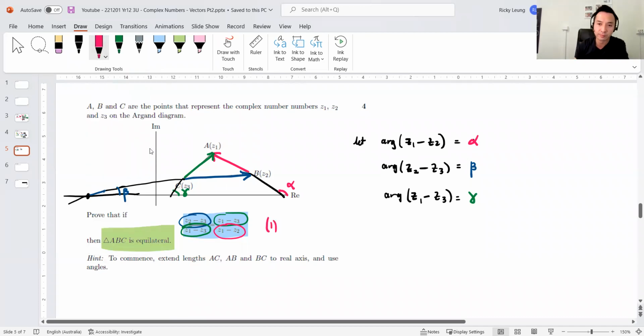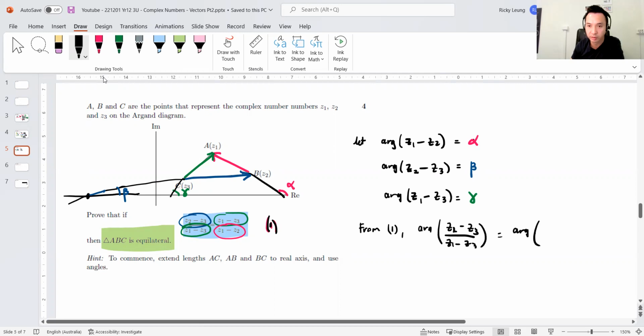From equation number 1, if I take arguments of both sides: argument of Z2 minus Z3 over Z1 minus Z3 equals argument of Z1 minus Z3 over Z1 minus Z2.